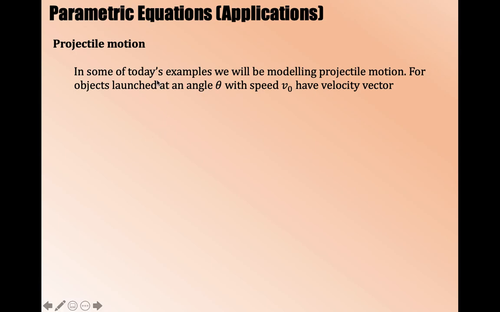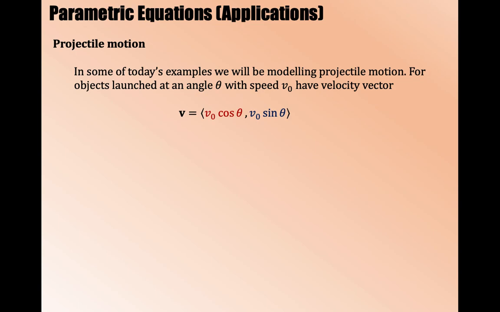We might want to get time into the situation. We want position and time. So some of the problems we're going to be doing will introduce this idea of projectile motion. So we're going to have to do a little more kind of baby physics here.